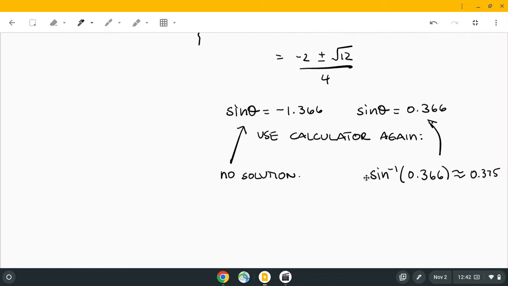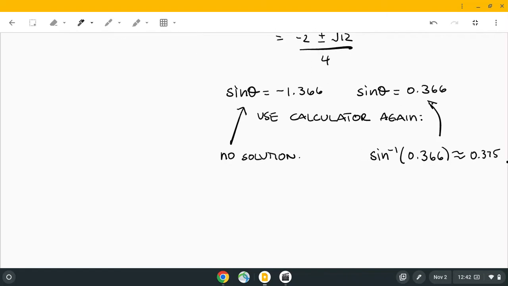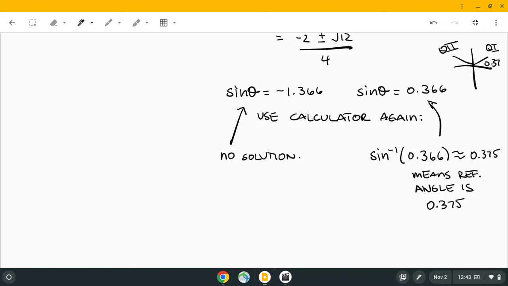So first of all, again, I want the theta where the sine is positive. So that's going to be here. We're going to have an answer from quadrant 1 and an answer from quadrant 2. And this means the reference angle is 0.375.